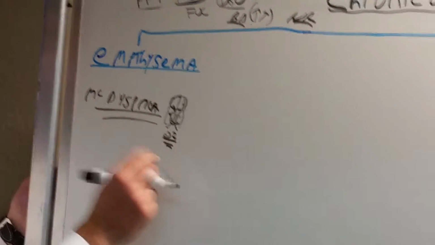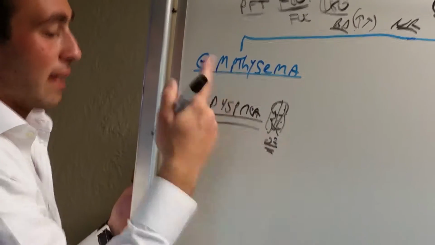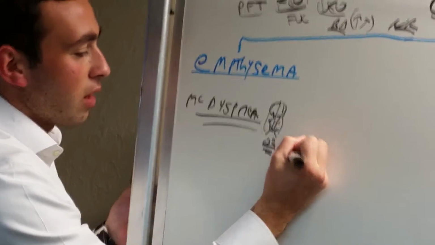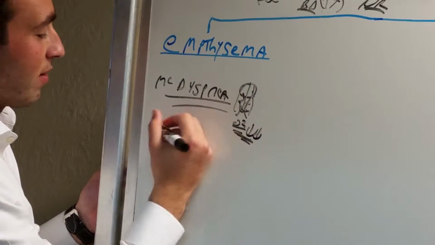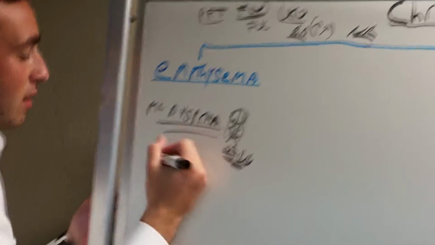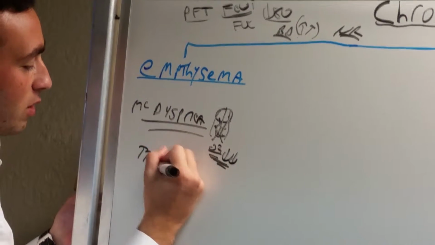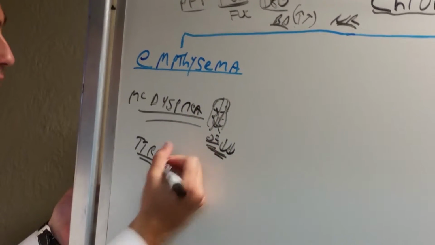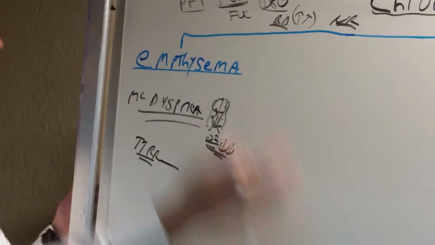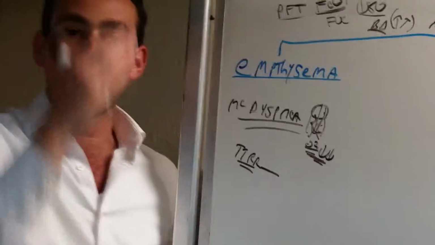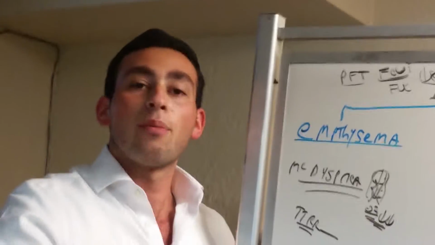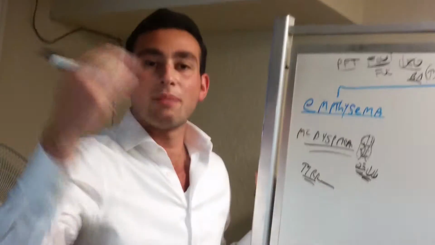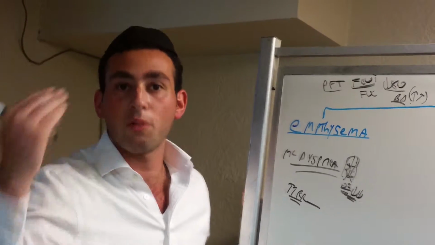Now, one of the ways to compensate, and this is especially important in the COPDs, is that our respiratory sensors, when they sense decreased oxygen, are going to increase the respiratory rate. Although there's an obstruction and we're bringing in less oxygen, if we increase the respiratory rate, we bring in more gas per minute.